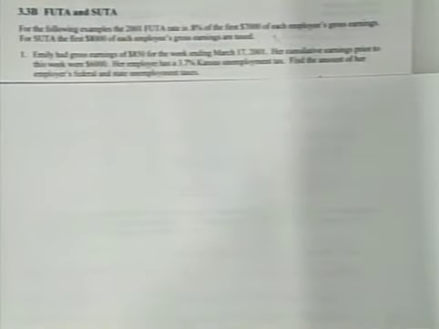Okay? We're going to be dealing with two things at the same time. We're going to be dealing with both state and federal unemployment taxes. Emily has gross earnings of $850 for the week ending March 17, year 2000. It says her cumulative prior earnings were $6,000. So far, her employer has paid her $6,000 this year.